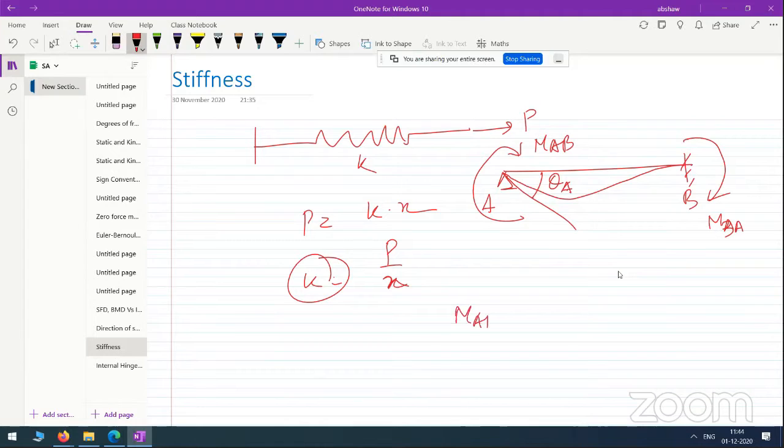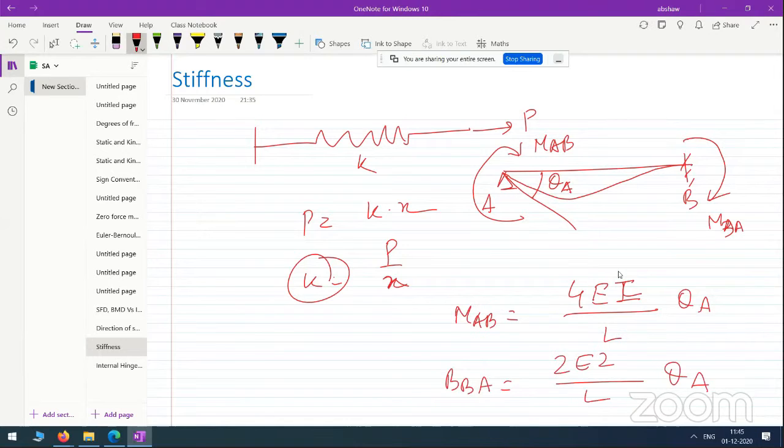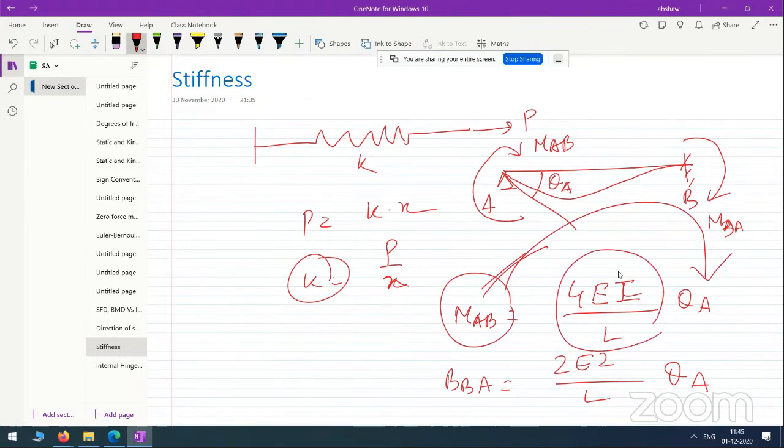Now theta A and MAB are related like this: MAB is equal to 4EI by L into theta A. And MBA is related as 2EI by L into theta A. When we talk about the moment at A and the rotation at A, the stiffness will be this.